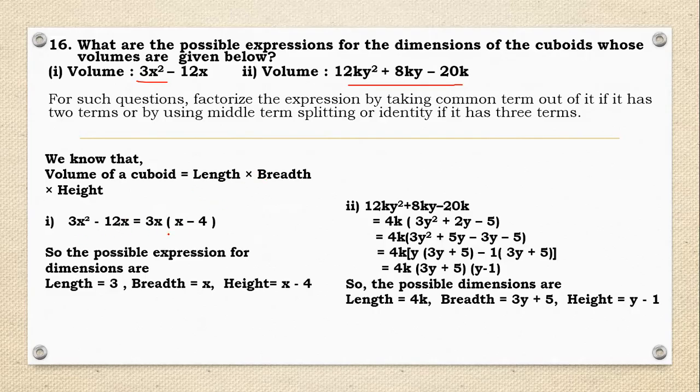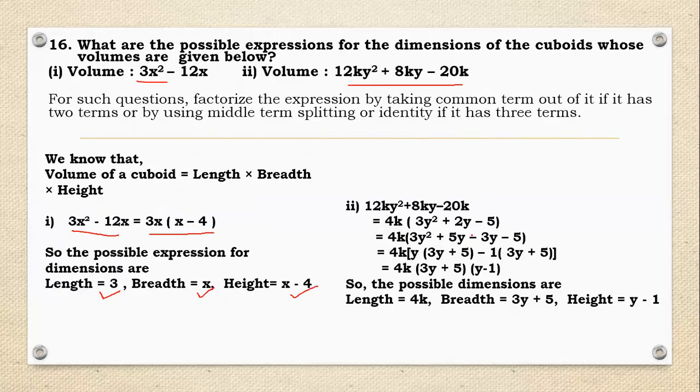So we have to factorize. We have factorized the first part, where 3x is the common value. So we have taken 3x common, then x minus 4 is within the bracket. So we can say that the possible dimensions are 3 as the length, x as the breadth, and x minus 4 as the height. So this is what we have got, the three dimensions.